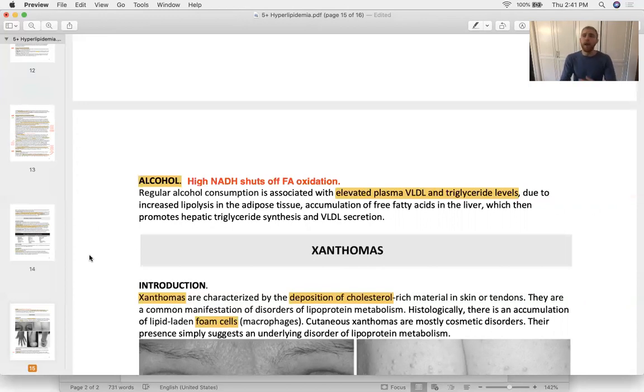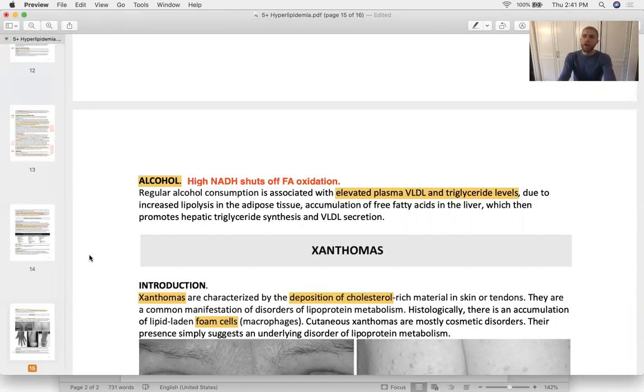Remember that fatty acid oxidation requires NADH as a signal to get it going. So that high NADH discourages the beta oxidation of fatty acids and encourages the synthesis of storage triglycerides from free fatty acids. And that's what alcohol does to the liver.